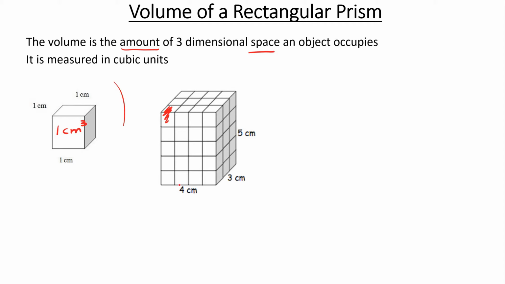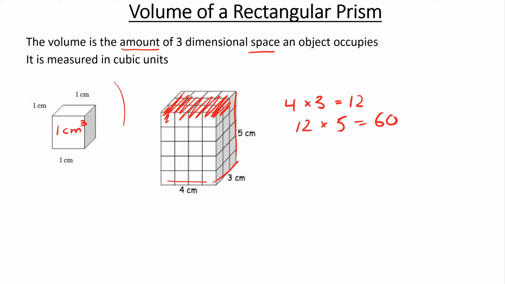We could do it a little bit quicker though by saying, well, we've got 4 by 3, which gives us one layer, one flat rectangle, and then we've got 5 of those. 4 times 3 is 12, so one layer of the cuboid would be 12 centimeters cubed, but we've got 5 layers, so we do 12 times 5, which is 60.